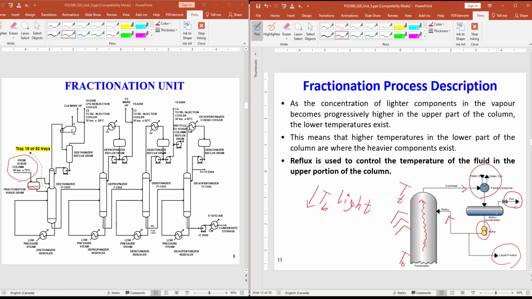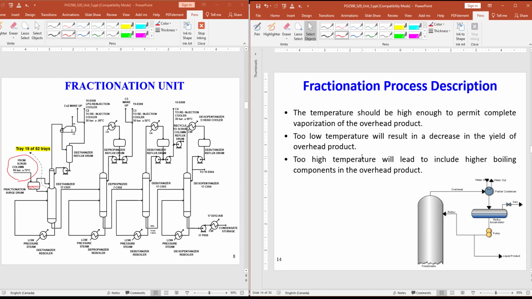So by doing so, we can also change the composition of the product that is sent back to the distillation column. Once the composition changes, it means we have different types of molecules, different molecular weight, or different boiling point. It means we can change the temperature. So the reflux can control the temperature at the top.